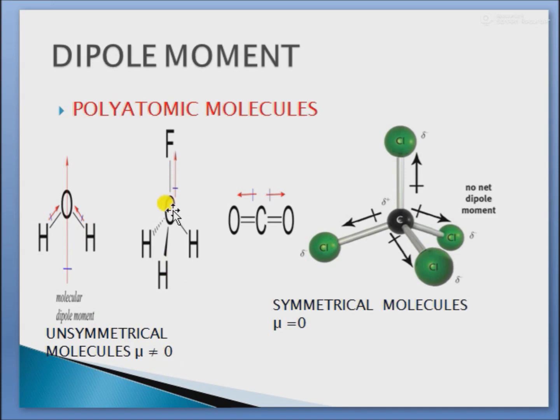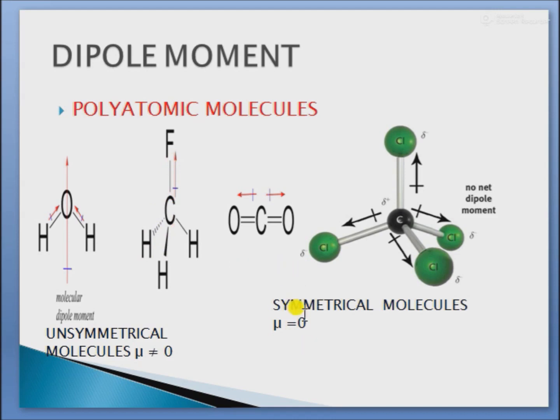Similarly for the CH3F, in which the fluorine is more electronegative than carbon and hydrogen, and it pulls the electrons towards itself, and the net dipole moment is in the direction of fluorine.